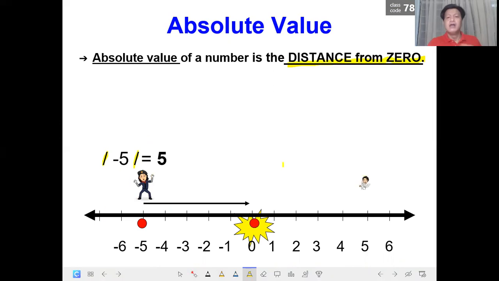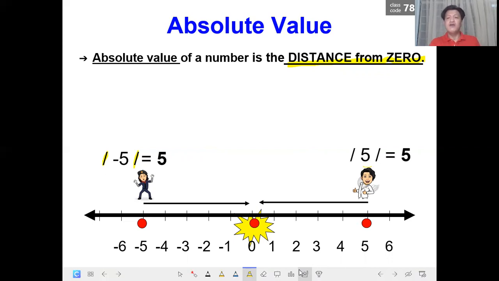And how about Angel Bitmoji? Kung kukunin natin yung nilakad naman going to right at huminto siya doon sa 5, we are going to represent that using the absolute value, and that is absolute value of 5. Then kukunin natin yung distansya ni Angel Bitmoji mula doon sa 0.